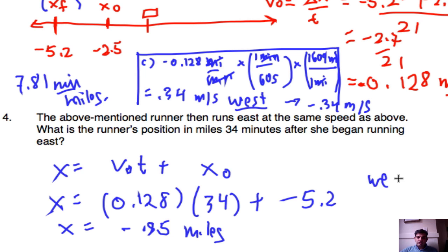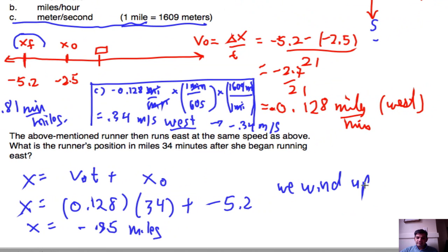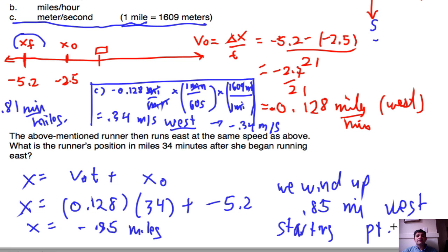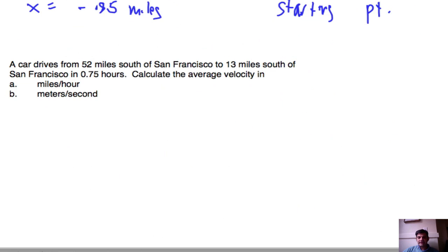So in other words, we wind up 0.85 miles west of our starting point. Okay. And again, we've got to be very careful on what our initial position is, because we're saying then runs. The then means they're starting from here. Okay, going backwards like that.